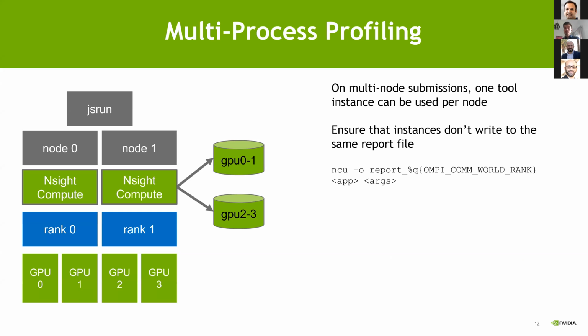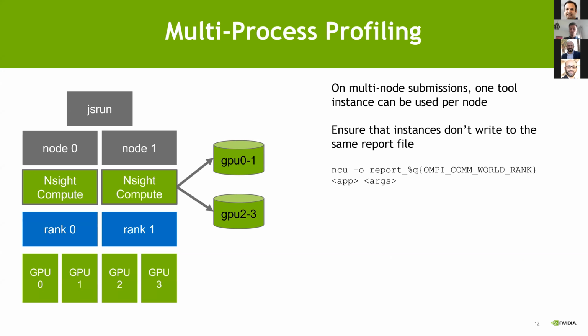On multi-node submissions, if your job runs on multiple nodes, one tool instance can be used per node, obviously. The only thing you have to make sure of is that these instances of Nsight Compute don't write to the same report file, because if they run on different nodes, they don't know anything about each other. So there can easily be conflicts or corrupted data if you have them write to the same file on a shared file system.